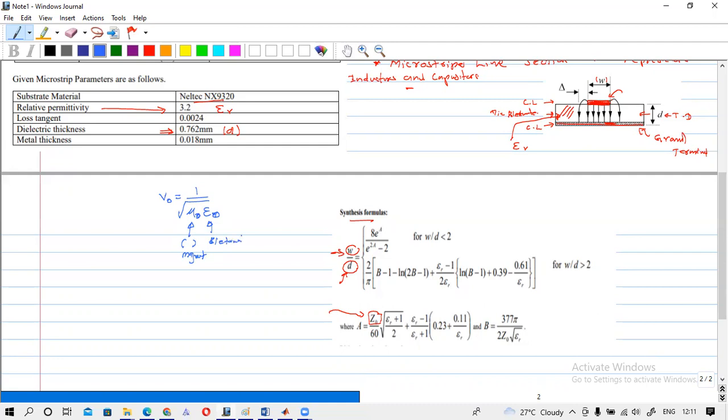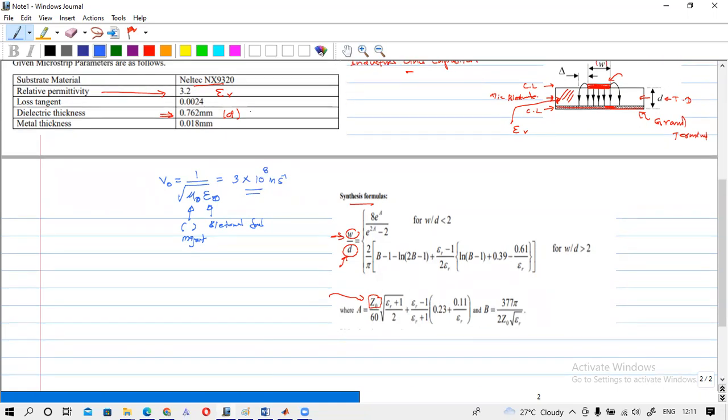If we know these values, we can calculate the velocity of an electromagnetic wave in free space, and we get 3 into 10 to the power 8 meters per second. So this is the velocity.